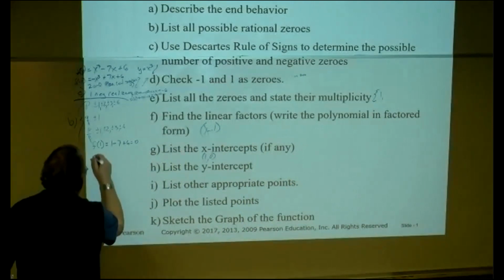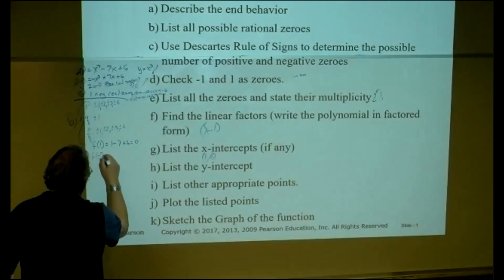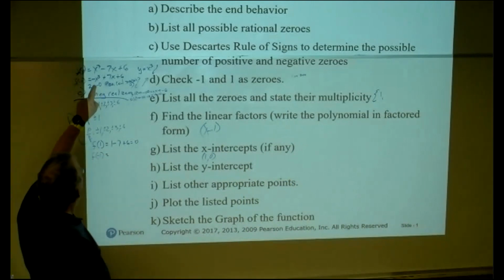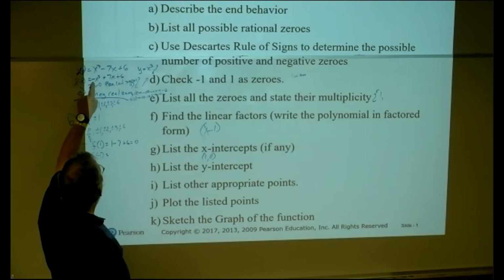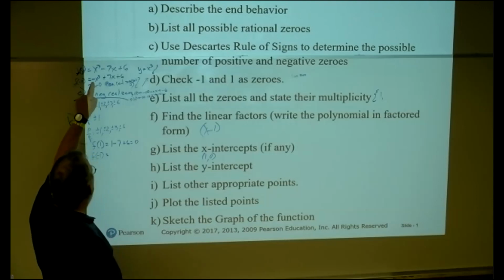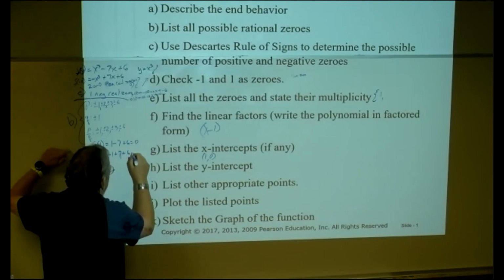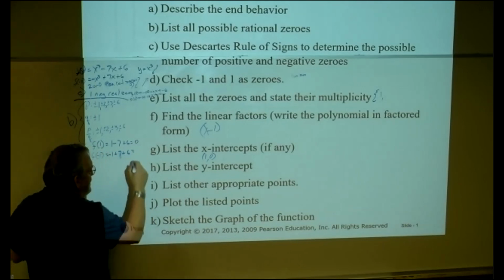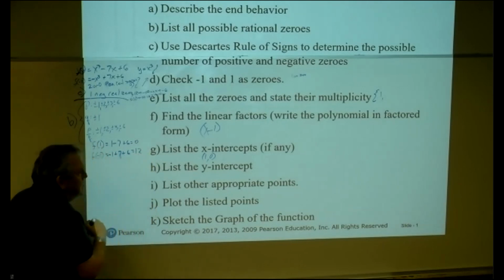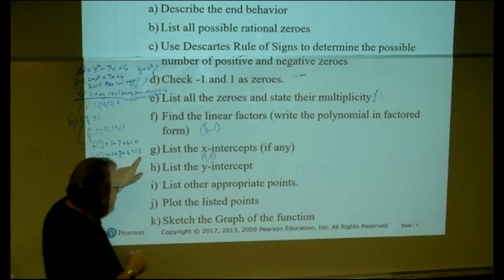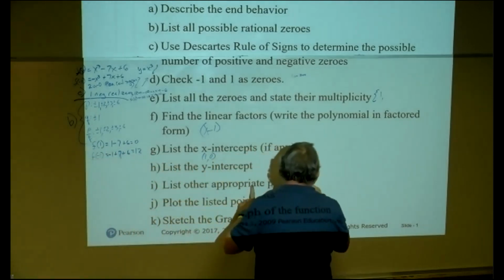Now we're going to do f of negative 1. You get the coefficients of f of negative x, which is negative 1, positive 7, and plus 6, because that's the constant. And this just gives us 12. Well, 12 is not 0, so negative 1 is not a zero, but negative 1, 12 is a point we can use.